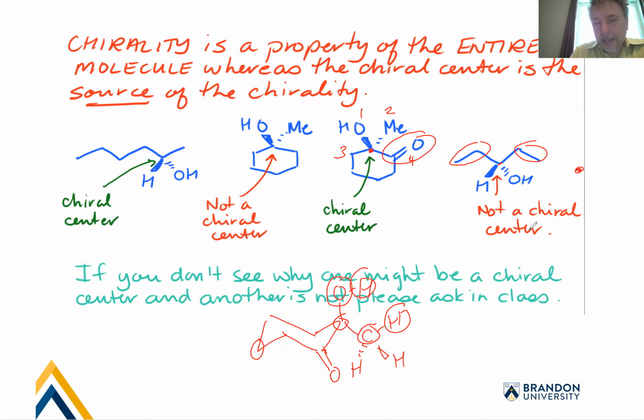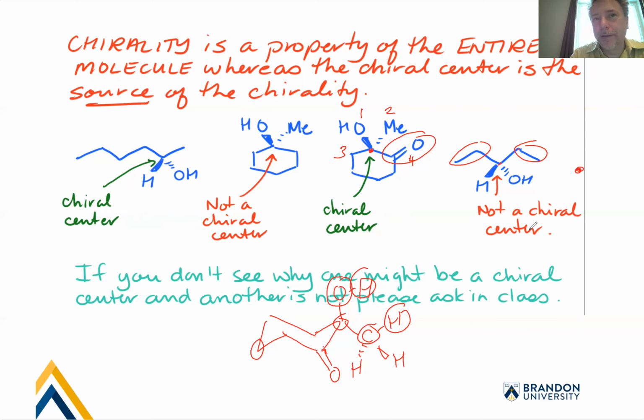So chirality is a property of the entire molecule. The source of the chirality is the chiral center. There are some very large molecules that don't have chiral centers that are chiral.